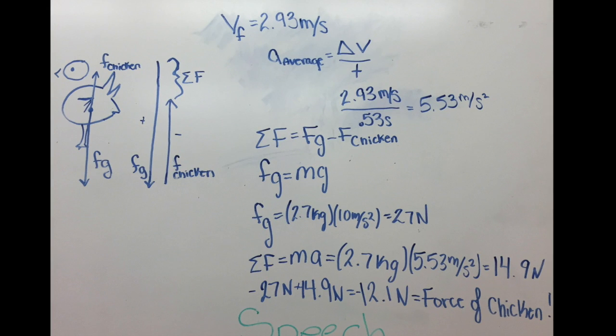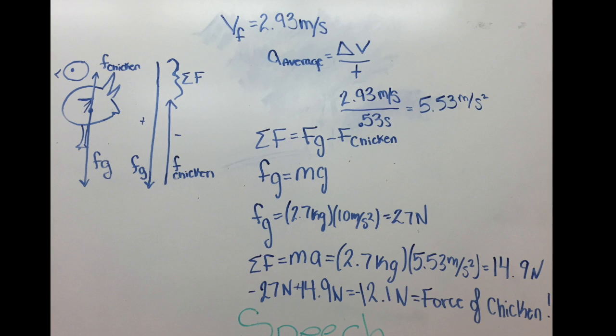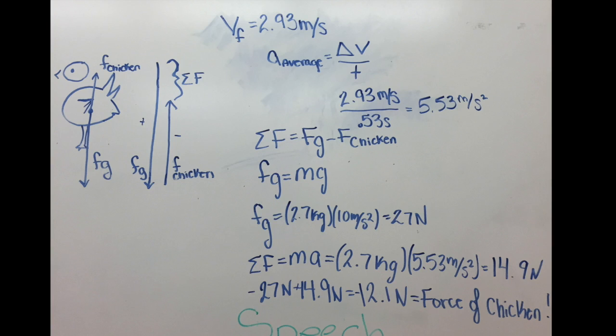We now switch to the dynamics lens and establish a free body diagram as seen on the left. We add the forces acting on the chicken, the first of which being the force of gravity, and the second being the impulse force of the chicken's flaps. We set the positive and negative direction, the positive being downward with the force of gravity, and the negative direction being upward with the force of the chicken's wings.